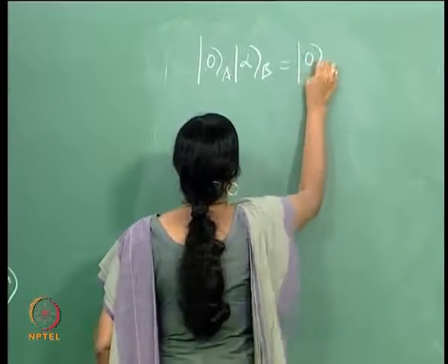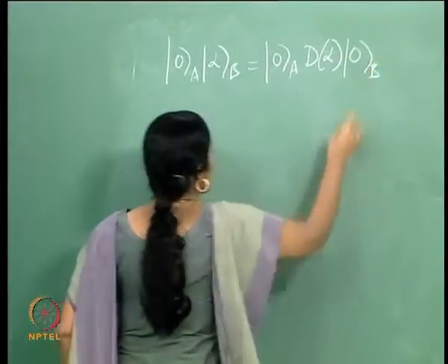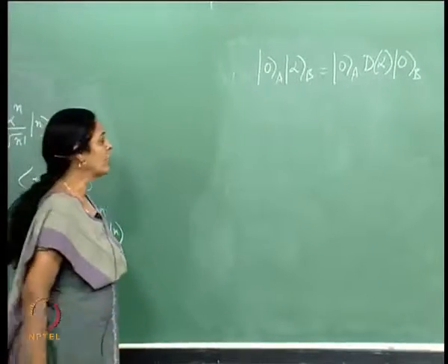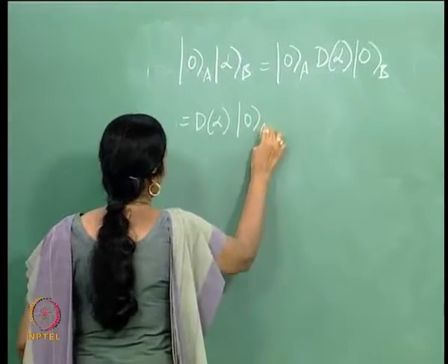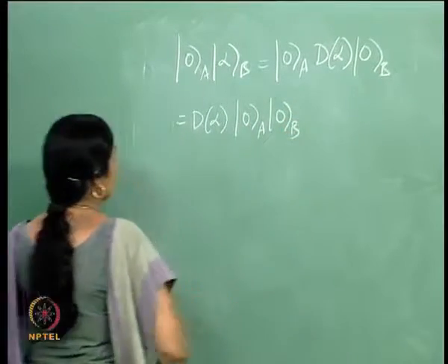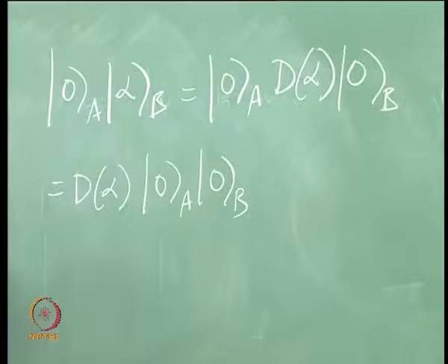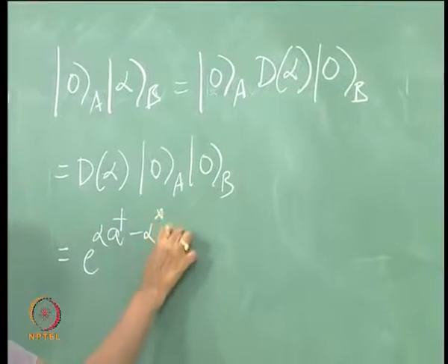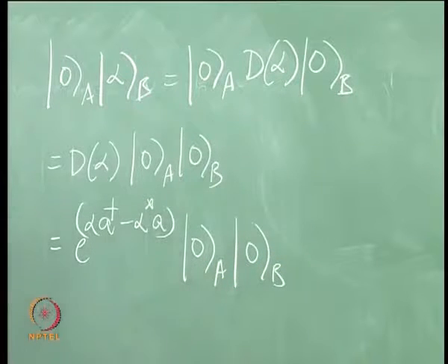I can write this as |0⟩_A D(α) acting on |0⟩_B. By |0⟩_B I mean the vacuum state through the input port B. But that is the same as D(α) |0⟩_A |0⟩_B. But this is e^(α a† − α* a) |0⟩_A |0⟩_B.